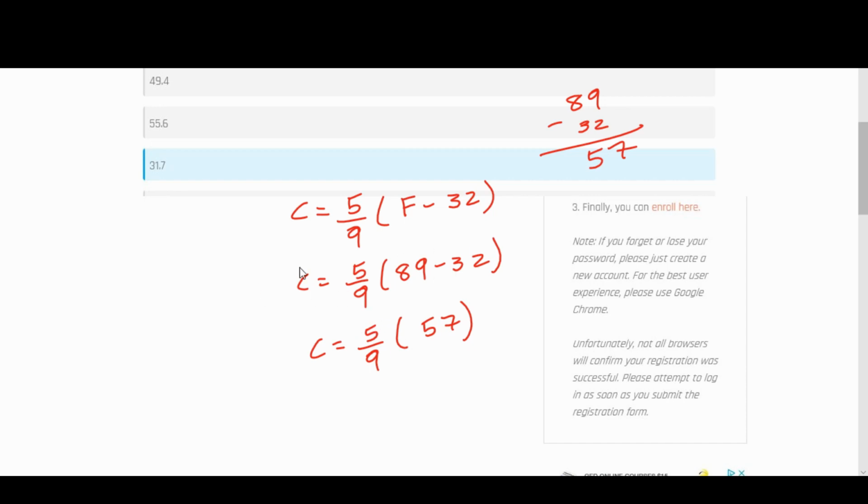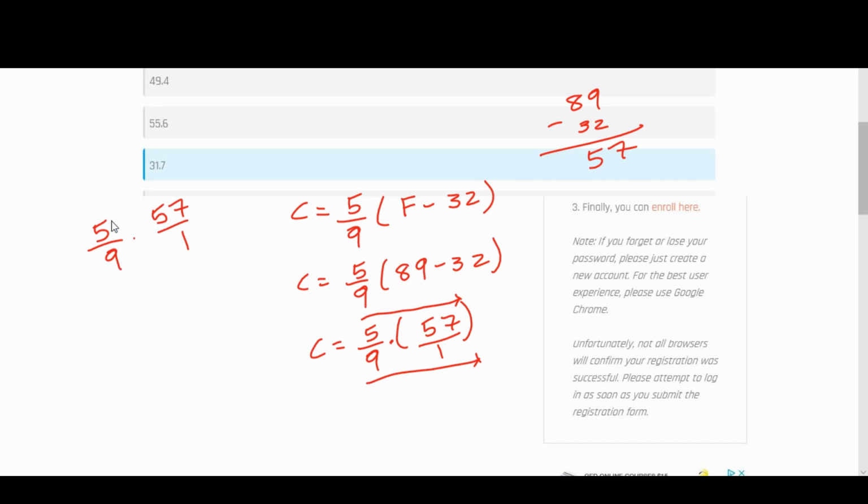Again, I can't do that mentally, so let's do it off to the side. When you're multiplying fractions, if you're multiplying a fraction by a whole number, you can make that whole number a fraction by placing it over 1, and then you multiply straight across. So 5/9 times 57/1.